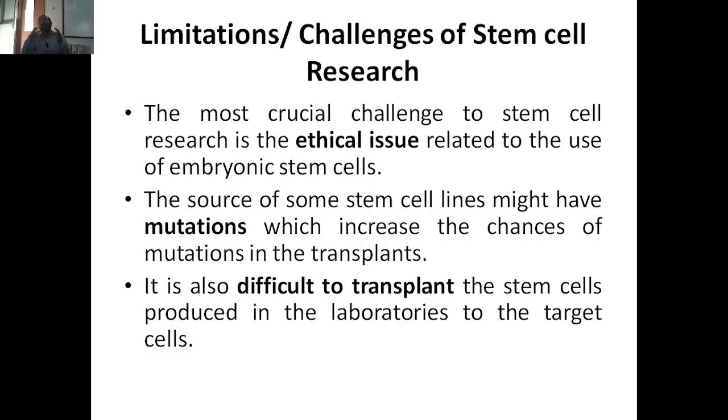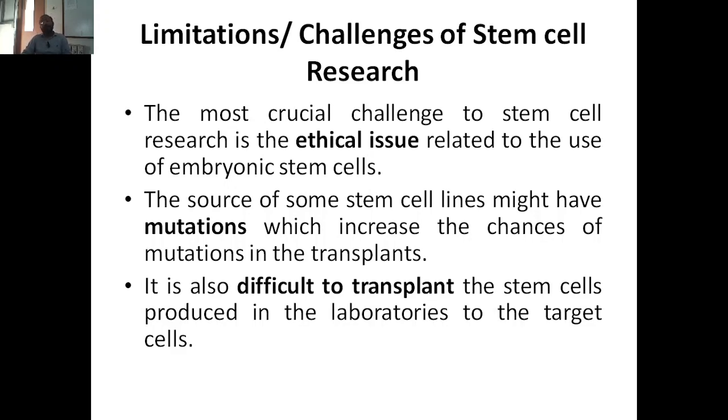For example, imagine the stem cells I am bringing from the bone marrow of some person, and I am using them for another person. Imagine that stem cell already has a mutation. Then when it undergoes differentiation, it will spread that mutation across the entire genome or cellular level. So that is going to be again a problem.